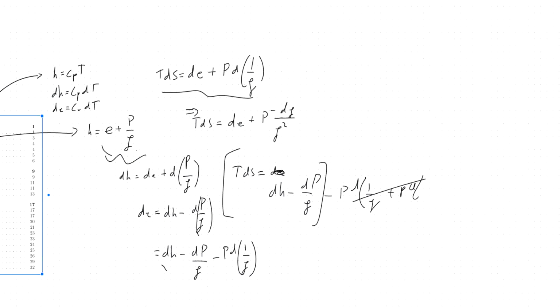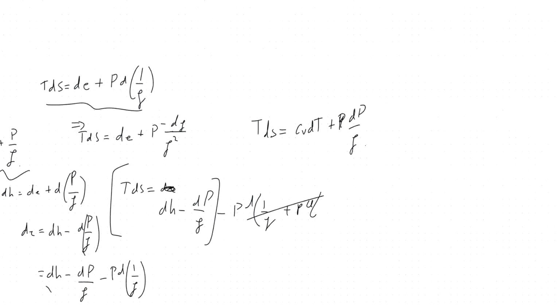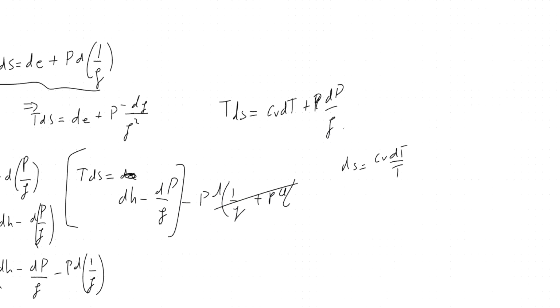Well, you can figure it out by doing TdS equals Cv dT plus P dp over rho, right? And then you can say dS equals Cv dT over T plus dp over rho T, right?